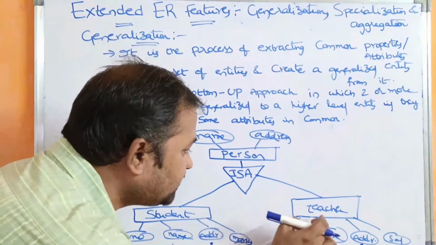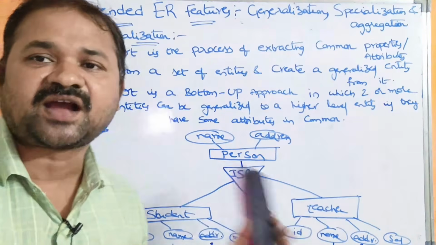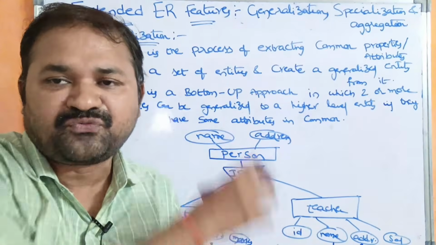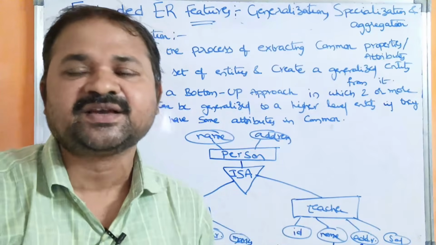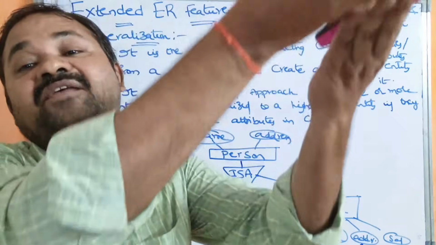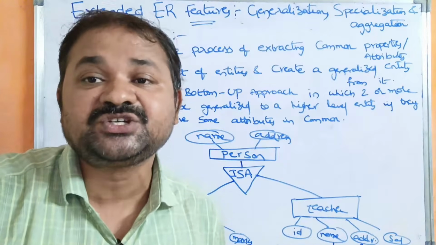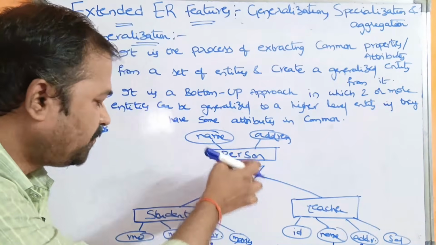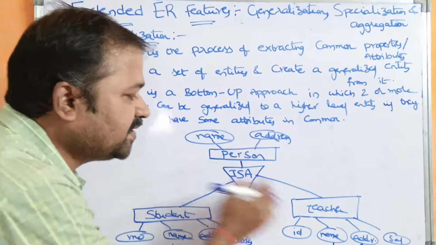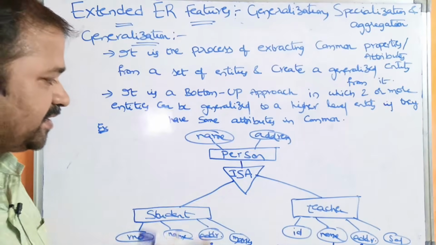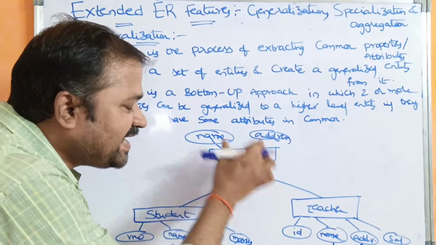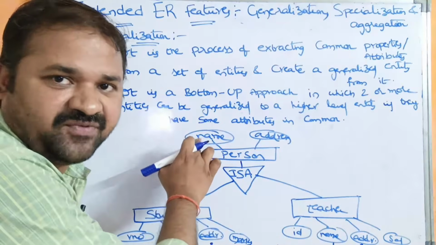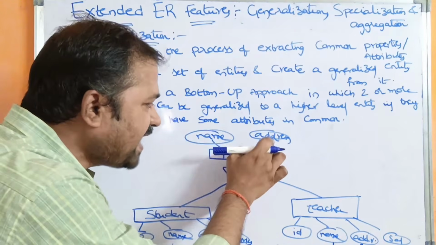Here these two are the lower level entities. The common attributes are name and address. So now from these two entities, we can generalize to a higher level entity. Here, person is nothing but a student only, and person is nothing but a teacher only. So here we are creating an entity called person with the common attributes, name and address.